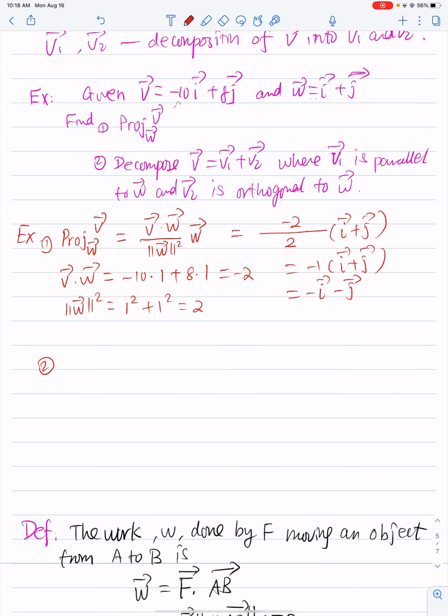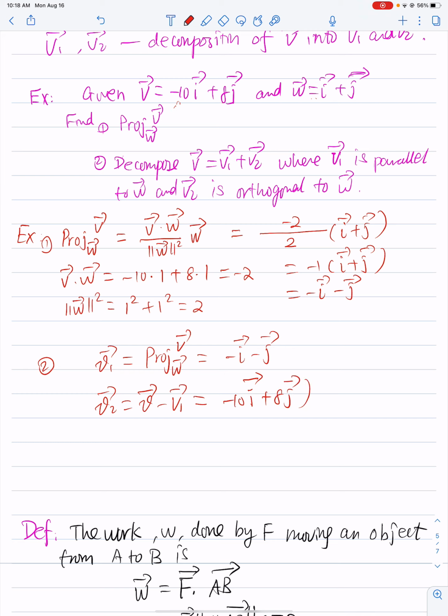The second part, decomposition. What will be v1? v1 equals the projection of v onto w, so that is negative i minus j. What will be v2 then? v2 is v minus v1. So it's negative 10i plus 8j subtract negative i minus j.